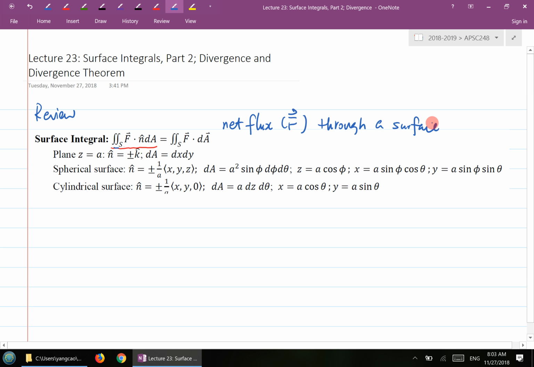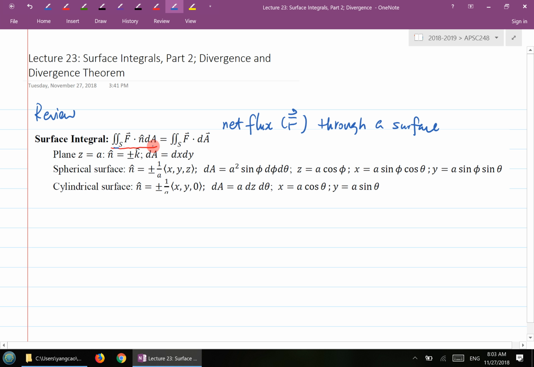We covered 3 different special cases in terms of how to evaluate the surface integral. We covered a special case when we have just a plane z equal to a, which is essentially a plane parallel to the xy plane, and maybe there's a boundary associated with the plane. In that case, how much flux is going through that plane?